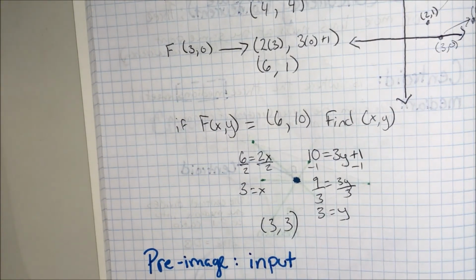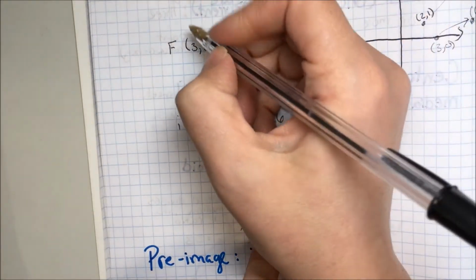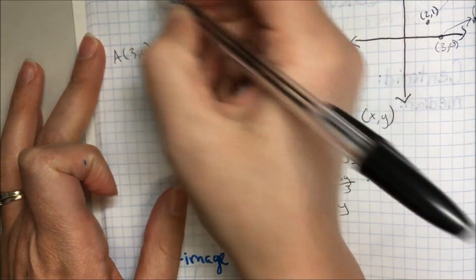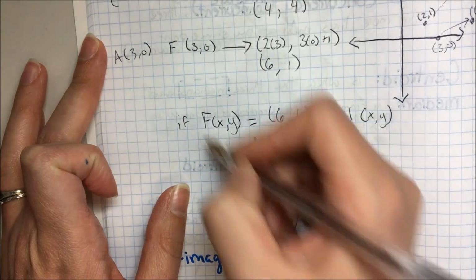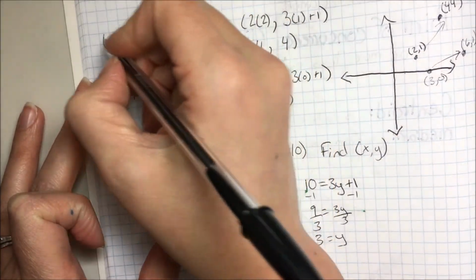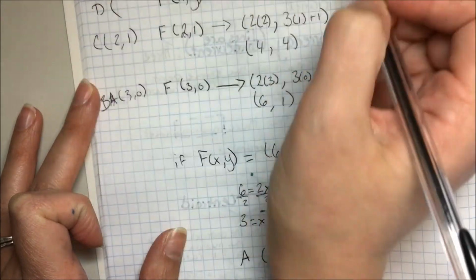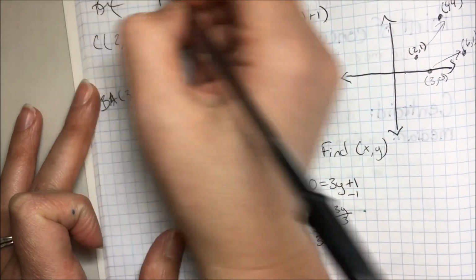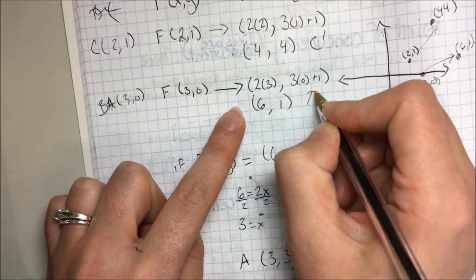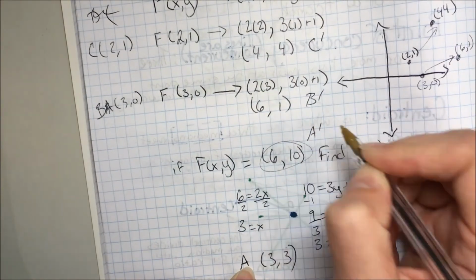So I might call this point A. That's what I put in. So this point up here, A is 3, 0. Maybe up here, B is 3, 0. C is 2, 1. This output would be called C prime. This would be called B prime. And this, what I got out, is called A prime.